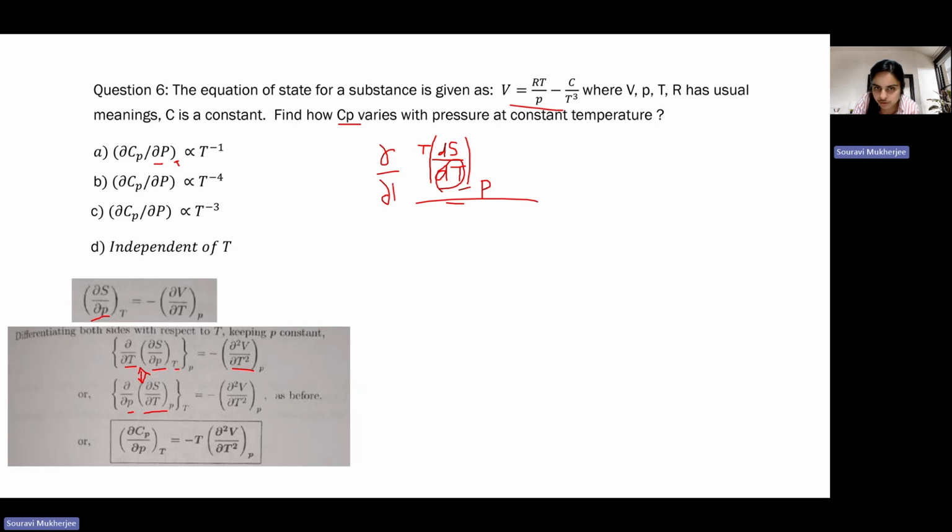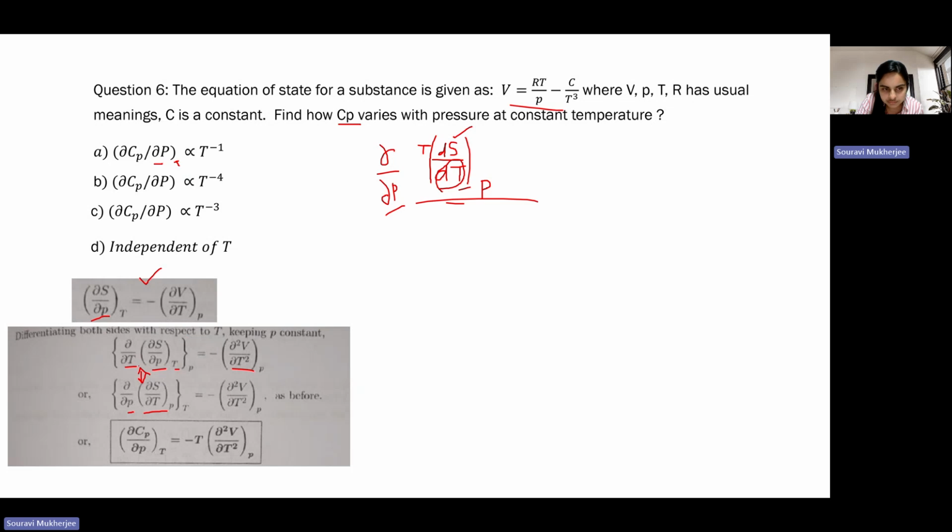So that means you need to have a relation where you are looking at entropy and you are doing two differentiations, one with respect to pressure, another with respect to temperature. And then choose a Maxwell's relation which makes use of one of these partial derivatives. And we know this is the one.